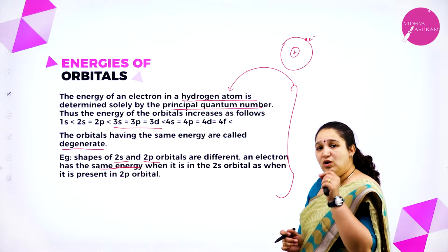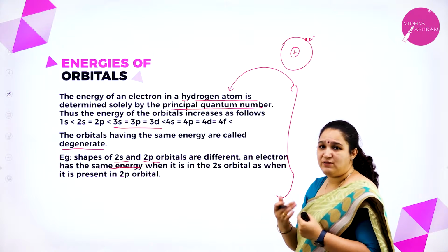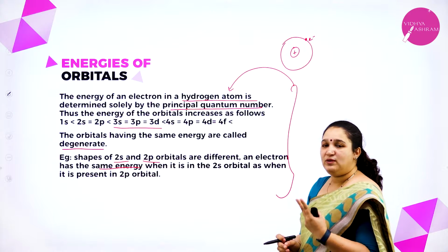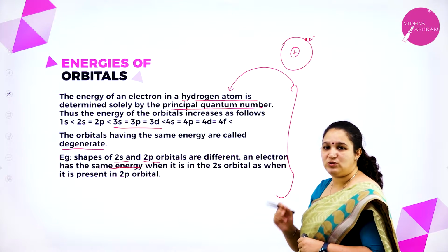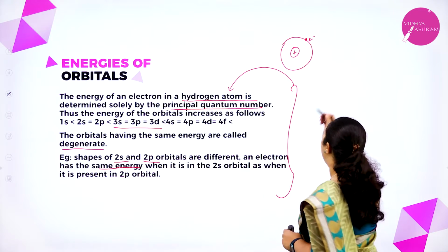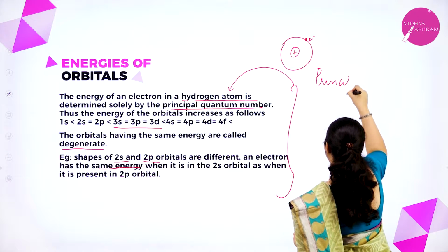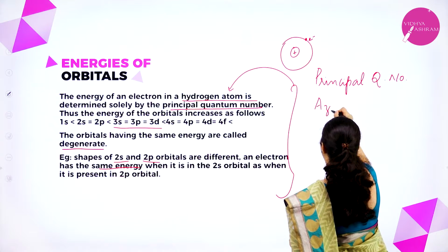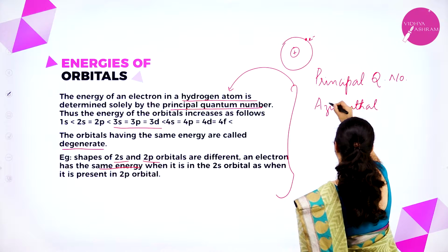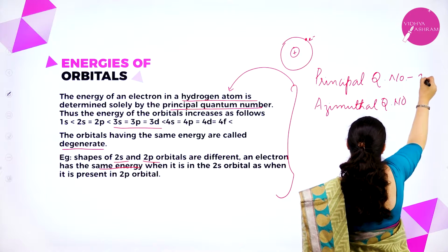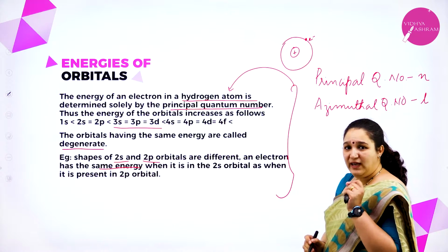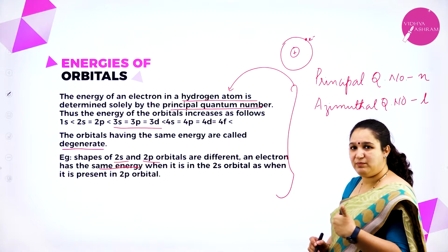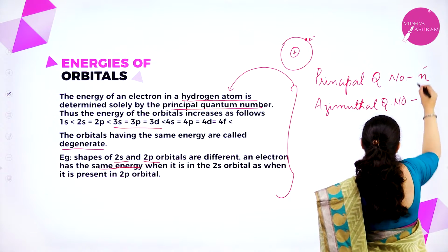But when it comes to multi-electronic atom, that means if it contains more than one electron, many electrons present in an atom, two quantum numbers are responsible to determine the energy of the orbital, that is principal quantum number and azimuthal quantum number, that is N and L. So in multi-electronic atom we have to see the principal quantum number and the azimuthal quantum number.